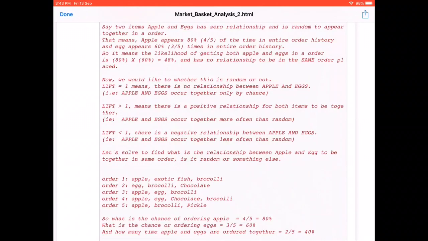For example, if I get a 78% chance, I will divide 78% by 48%, and whatever the value is, that is my lift, and it shows a positive relationship. Similarly, if I have lift less than 1, then there is a negative relationship between apple and egg. That means they are not together, not because of any random reason, but because there is a particular reason, and that is why they are not together.